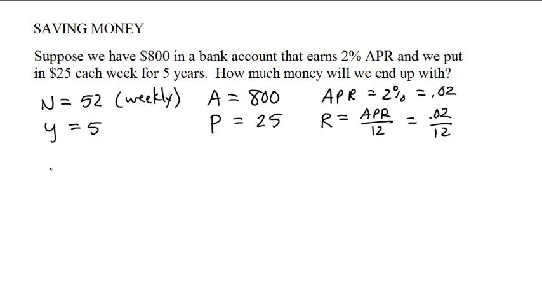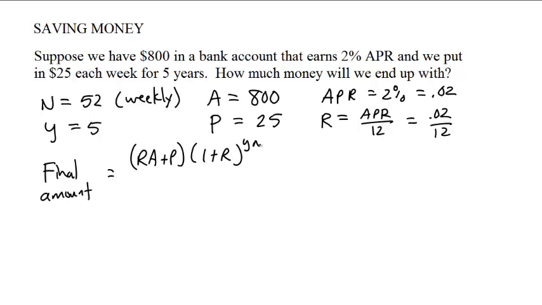So our formula is the final amount, F, is, I always remember RAP. Let's use the capital R because I'm using capital R's. RAP: RA plus P times 1 plus R to the YN, minus P, all over R.